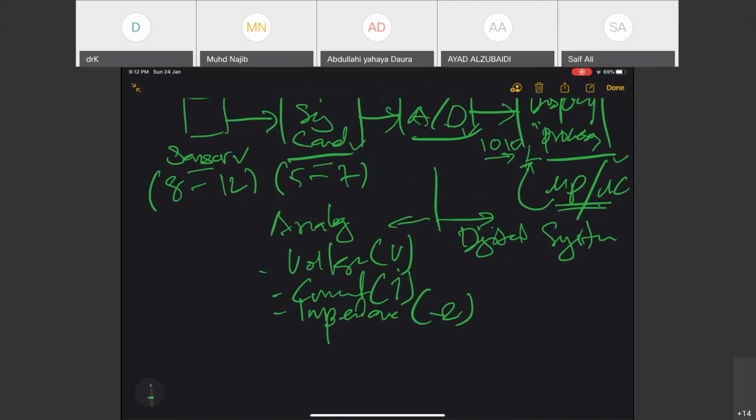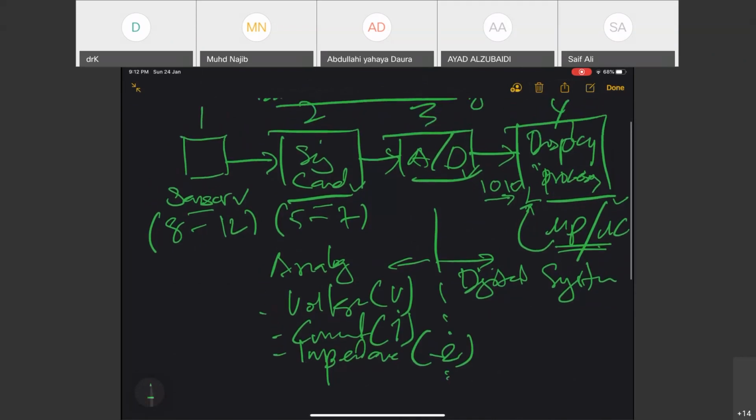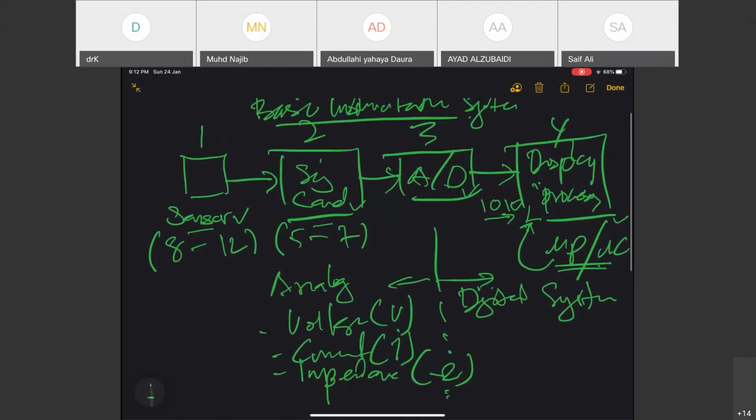Okay, so this is basically, you know, things that go into A to D reside in the analog world. Of course, things after A to D are all digital.